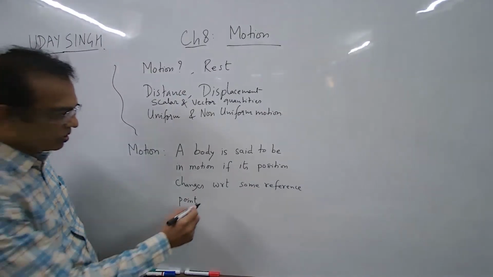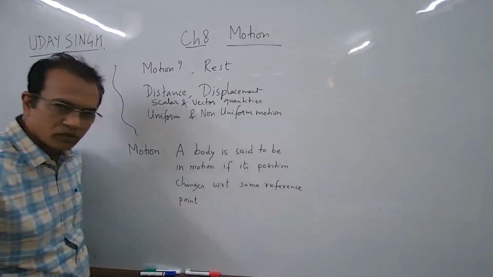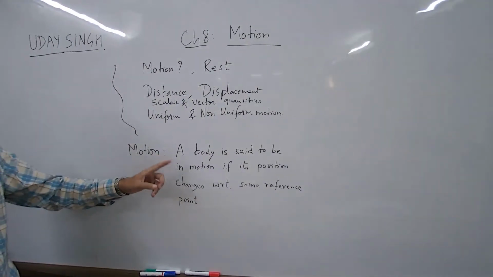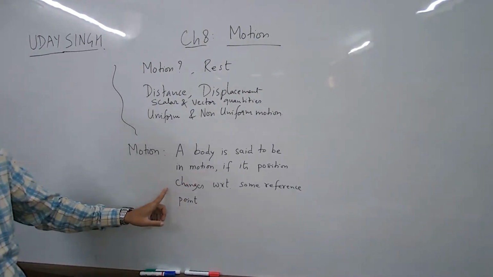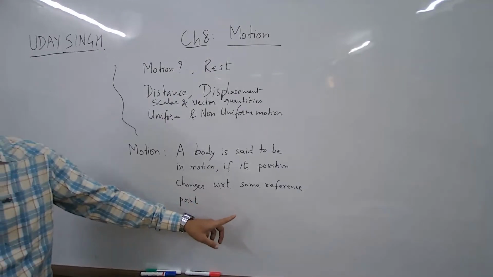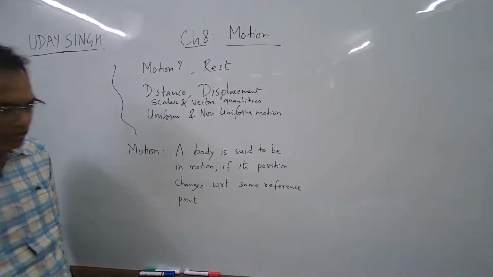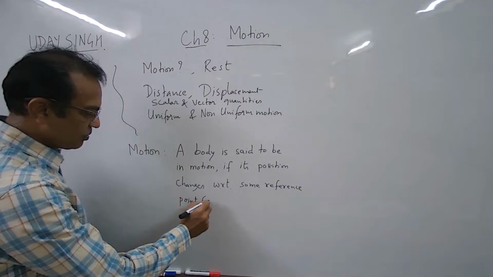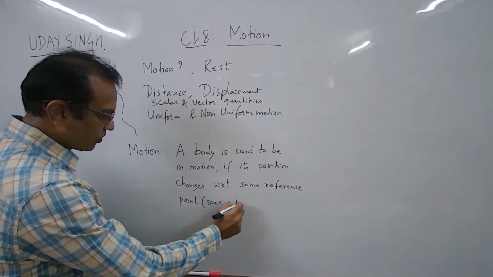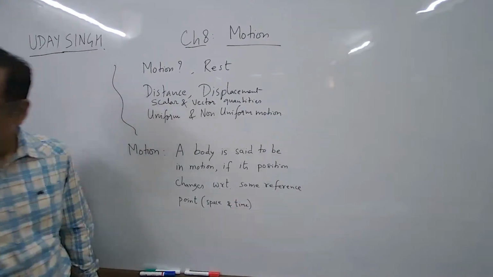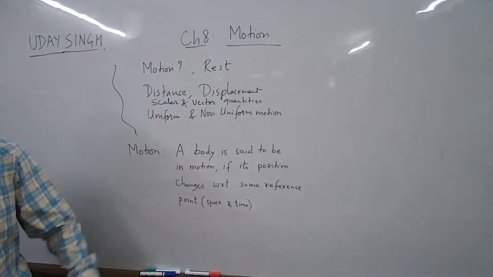WRT is with respect to. So a body is said to be in motion if its position changes with respect to some reference point. That reference is space and time. So standard reference.